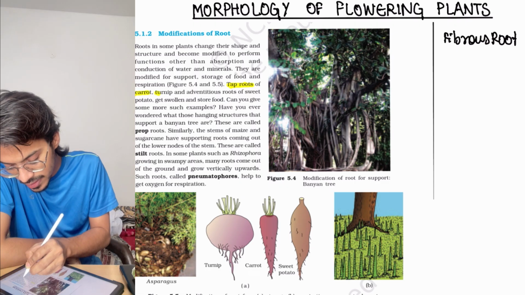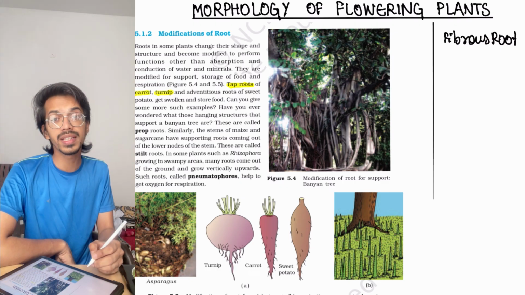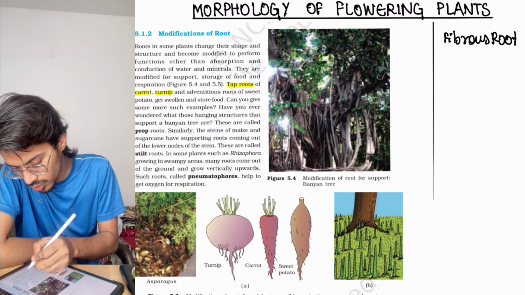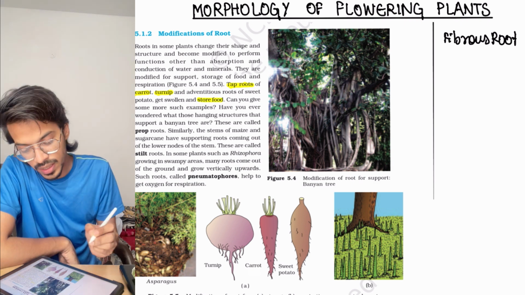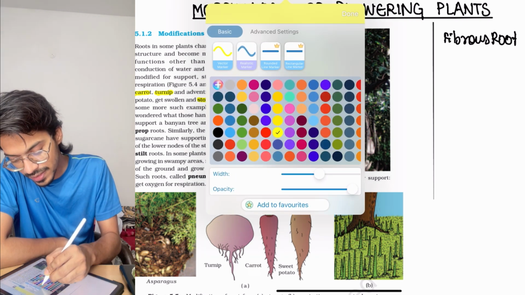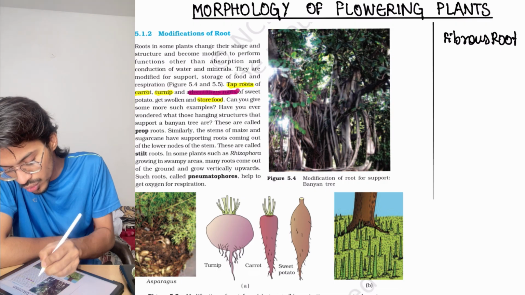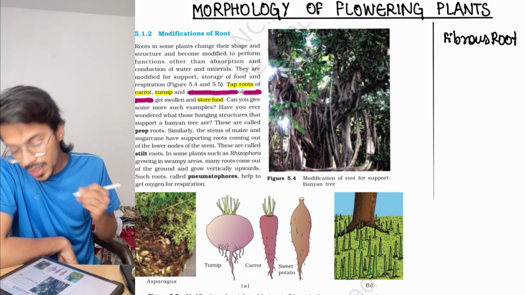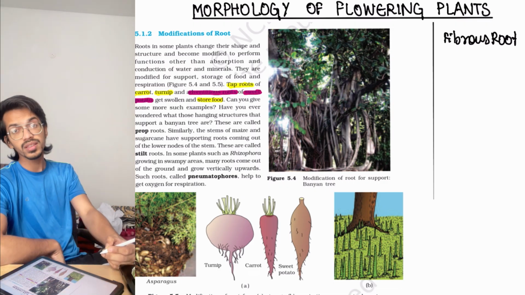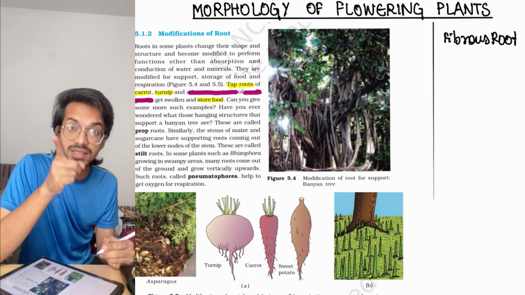So let's just see. We know that the taproots like carrot, turnip, they are for the storage of food. Similarly, here they have said that there is the presence of adventitious root in the sweet potato. Sweet potato is not the stem or anything, it is the root.